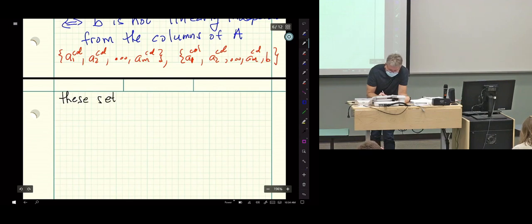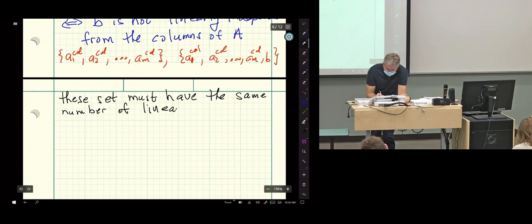These sets must have the same number of linearly independent vectors.